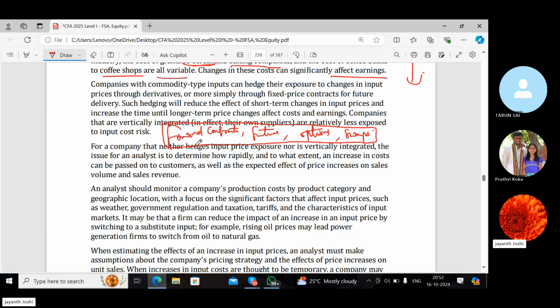So for a company that neither hedges, this particular act of saving ourselves from the increase in price, or higher price risk. If we want to protect ourselves from this kind of risk, then we will use all this, and this act is called hedging. With hedging, we try to minimize our risk.